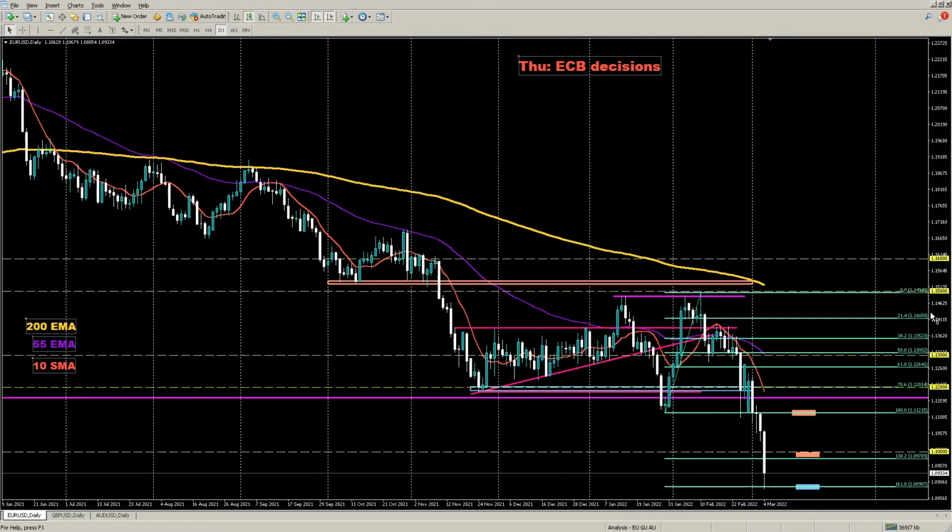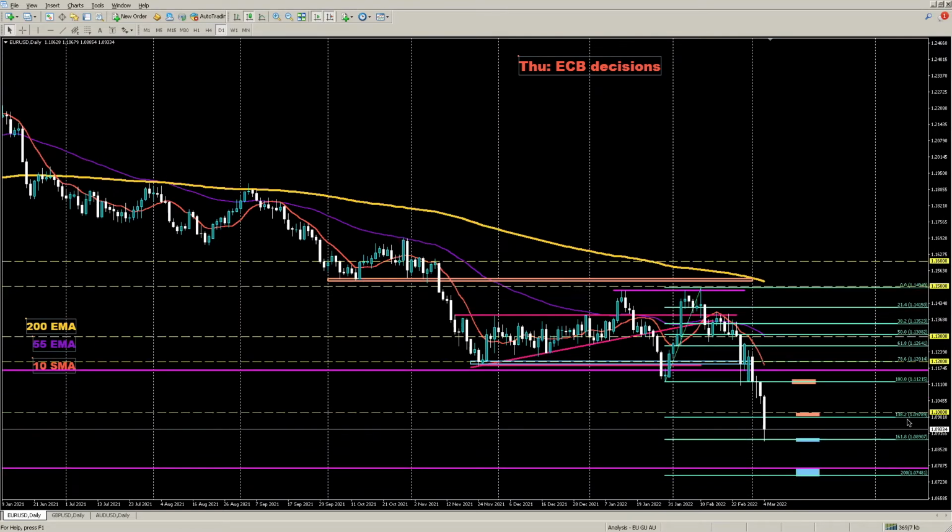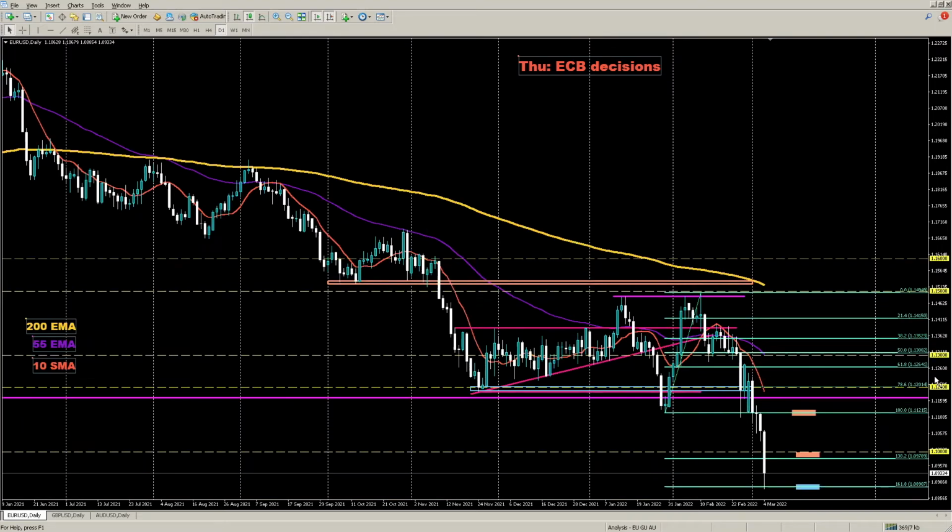So for now, this reversal fib is still valid, and we will see if it's able to reach the 200 fib extension, so double of this range.